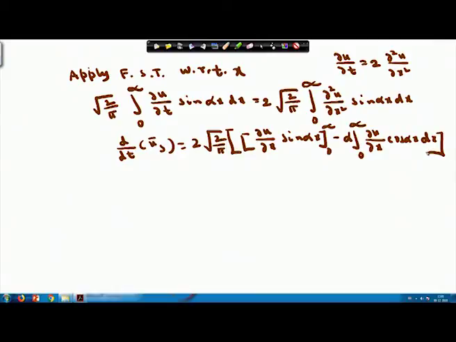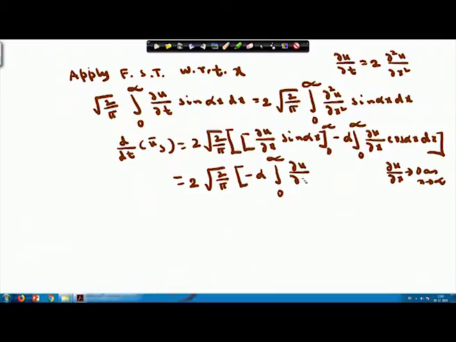Again the first part will vanish as del u del x approaches 0 as x approaches infinity. For the second term, you will have 2 into root over 2 by pi into minus alpha into 0 to infinity del u del x into cos of alpha x dx.